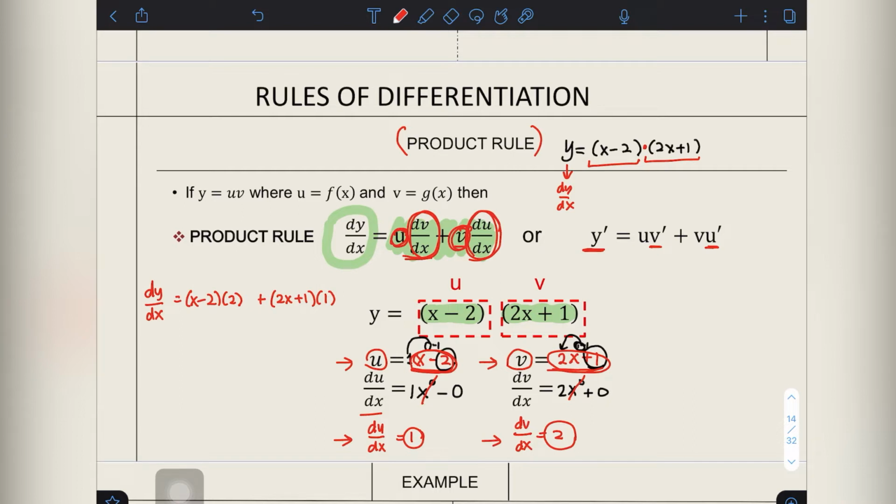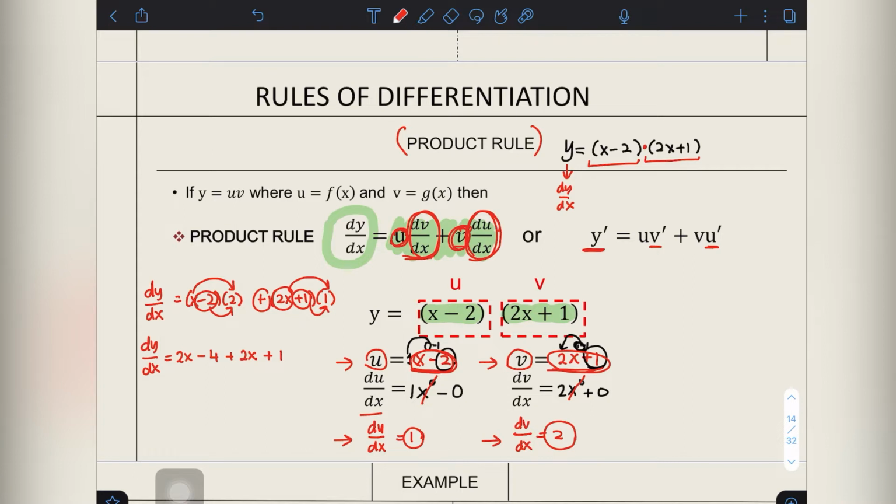Just left for you to simplify your equation. So dy/dx equals: you multiply x with 2 outside here, so you have 2x. Negative 2 multiplied with 2 gives negative 4. Positive 2x multiplied with 1 gives 2x, and positive 1 multiplied with 1 gives positive 1.